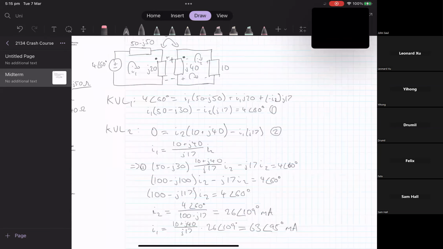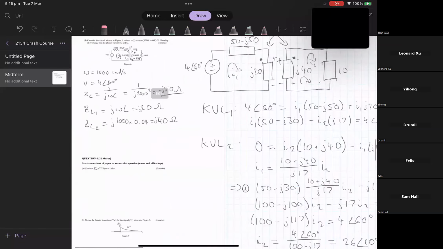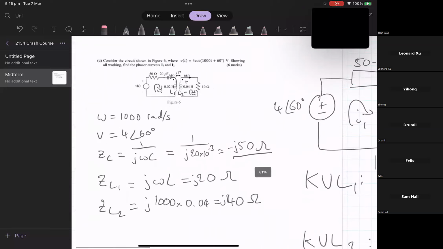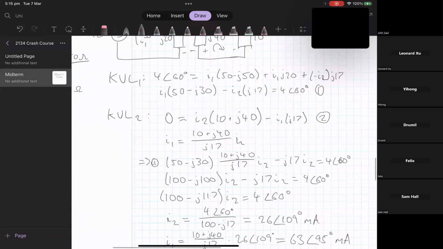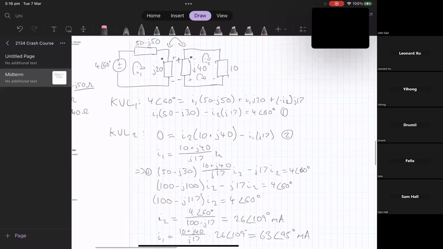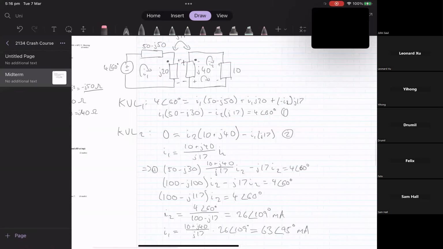Okay, so that is our currents in our mesh analysis. The question just asks us to find the phasor currents. Cool. So is everybody clear with what I've done here and all the steps? Cool, okay.